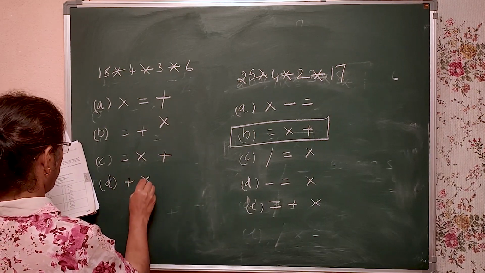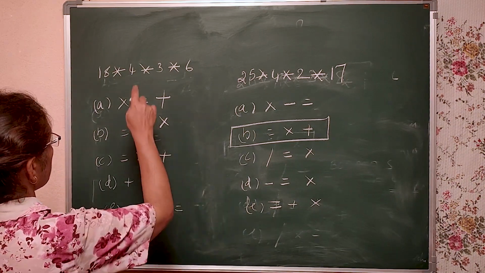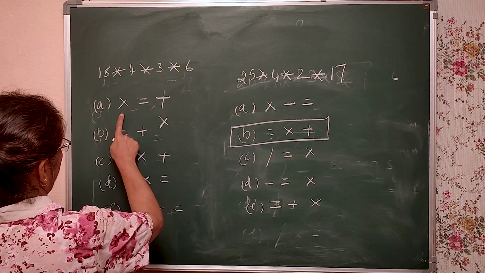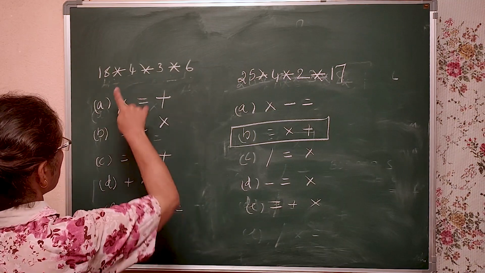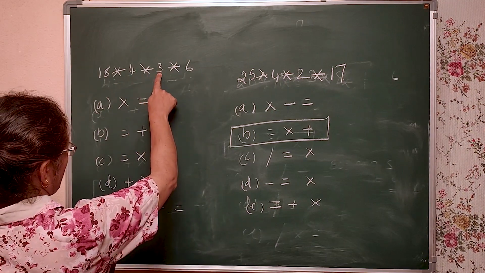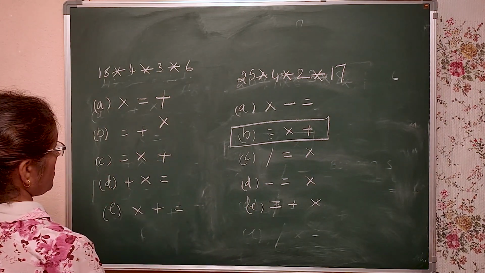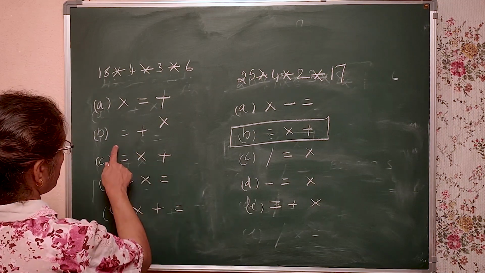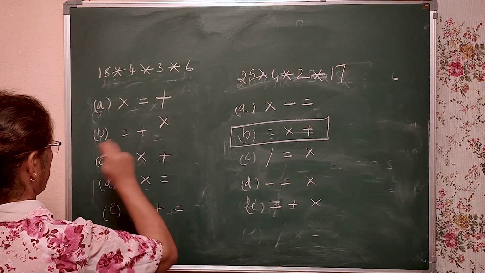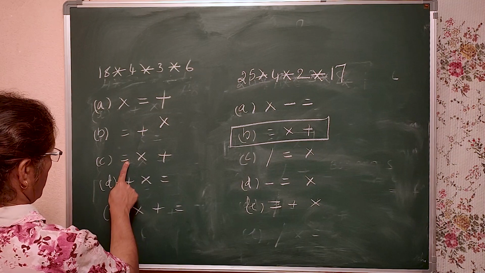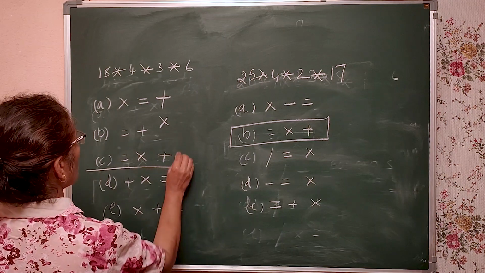E: into, plus, is equal to. 18 4s are 72, is equal to, not possible. 18 is equal to 4 plus 3, 7, but BODMAS: multiplication first, addition next. So this is not possible. 18 is equal to 4 3s are 12 plus 6. So what is the option? C. I hope you understood this.